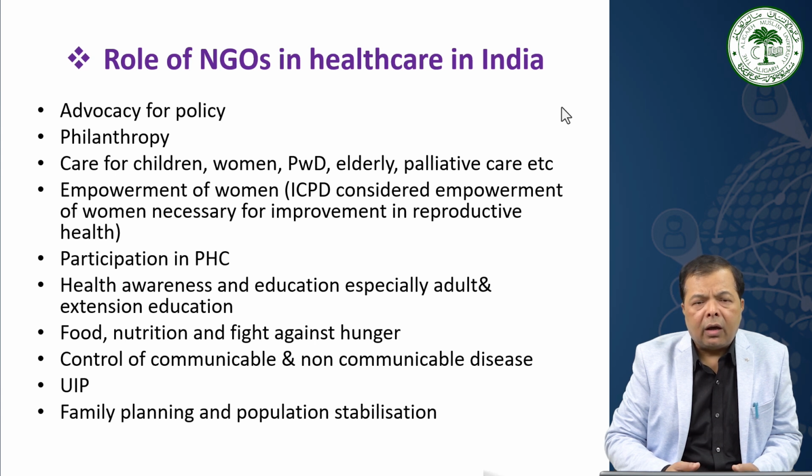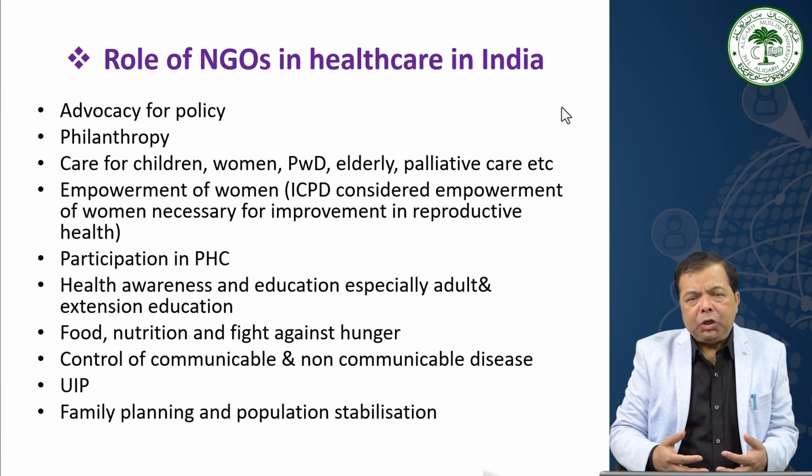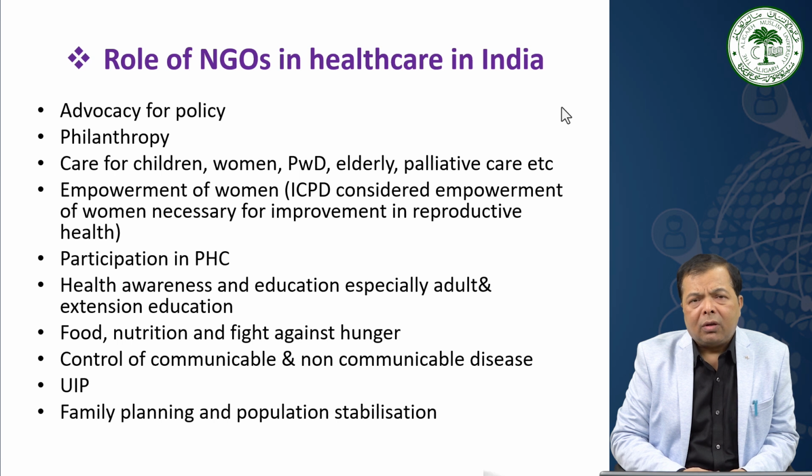Then there is care for children, women, persons with disability, the elderly, and palliative care. All these issues engage huge manpower and human care. So the government machinery finds itself very limited in terms of resources when care by human beings is required, right?